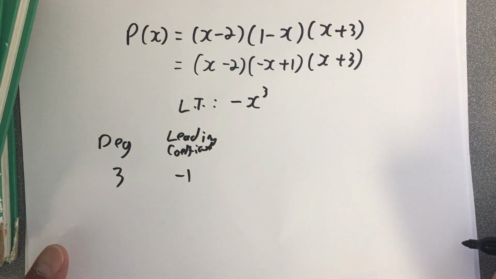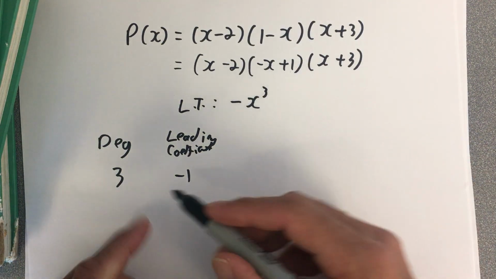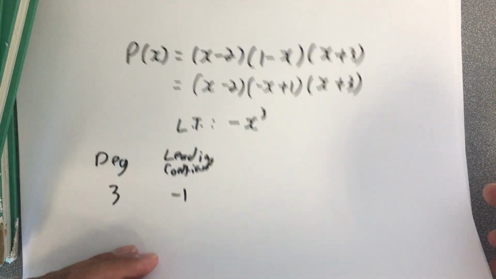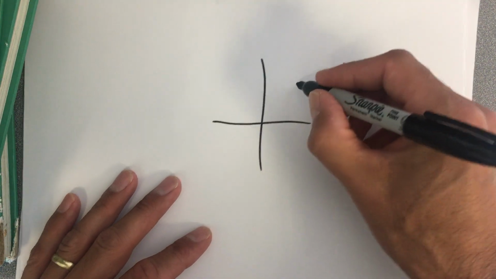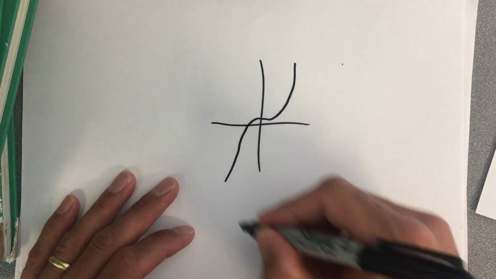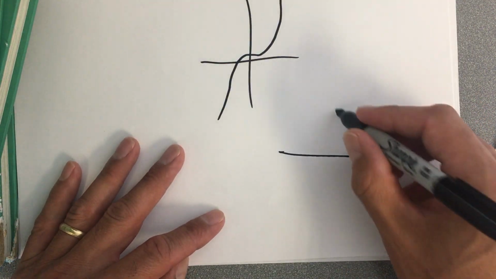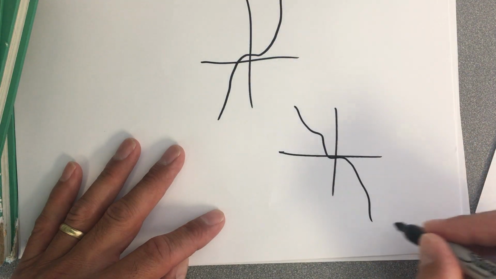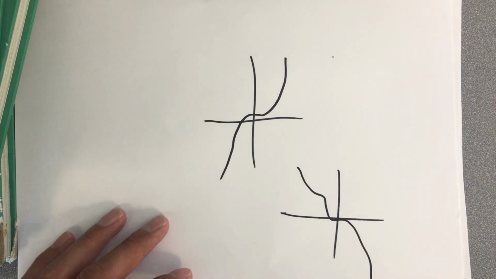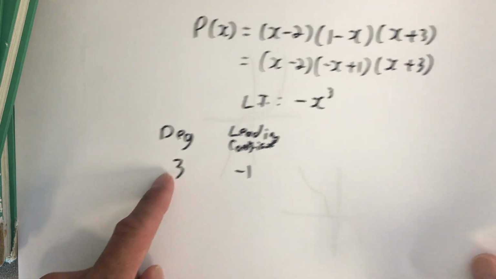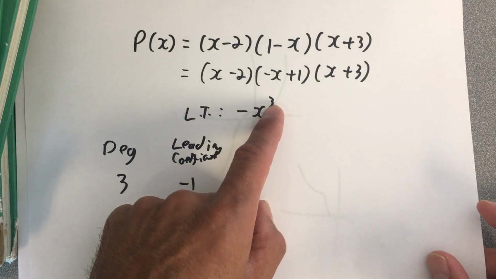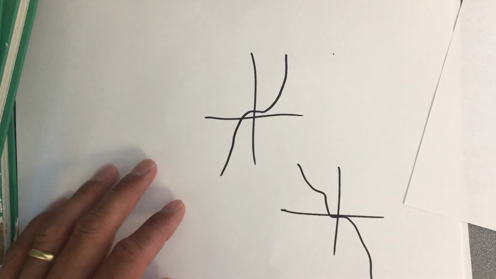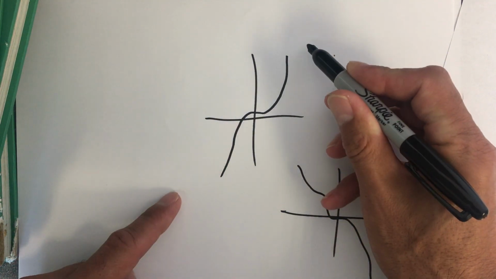Okay, so what does that mean about my end behavior? Well, if my degree is 3, that's odd. So I'm into a polynomial that looks like this, or perhaps it could look like that. The key thing I want you to remember is whenever the degree of the polynomial, that is the highest exponent, is odd, with your end behavior it extends in opposite directions at the corners.